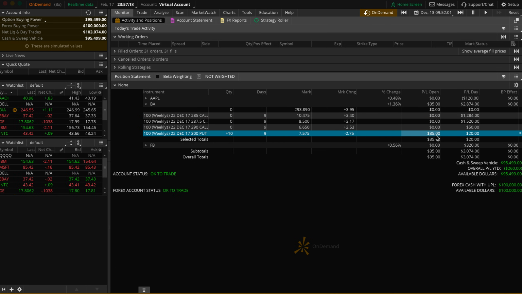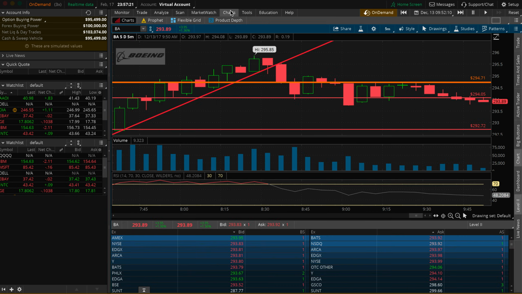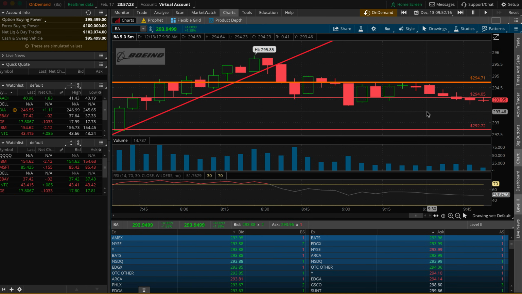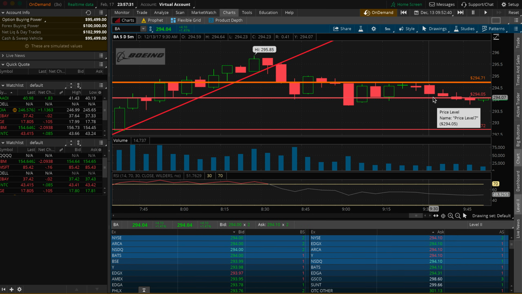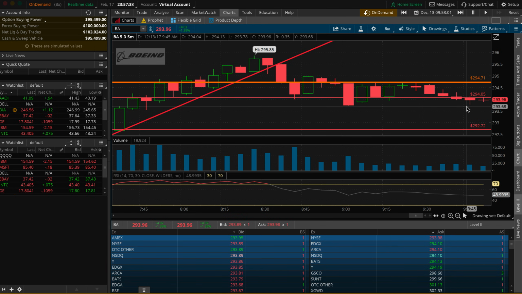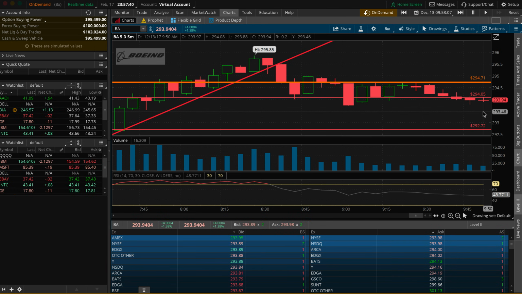Positive $35. Testing that resistance now. So this was support, now it's resistance. So it was green's friend, now it's red's friend. So let's see where that goes.